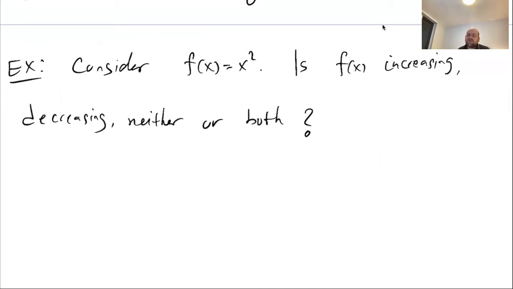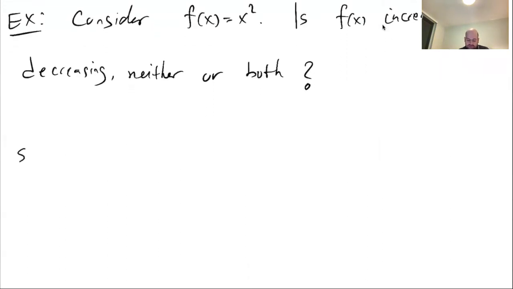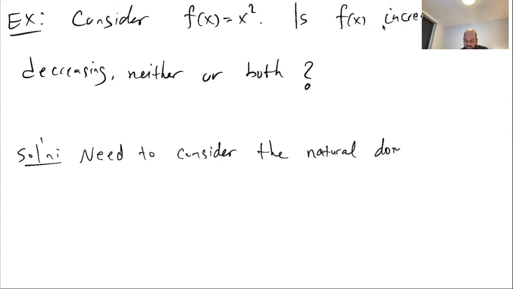So if the domain is not mentioned, from pre-calculus, you have to consider the natural domain, which means the largest possible domain for your function. So solution, you need to consider the natural domain for this function, namely, what is the natural domain for this function?